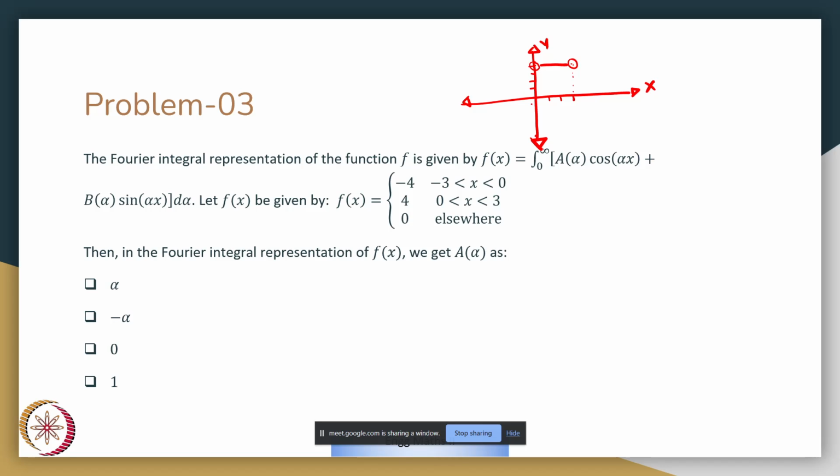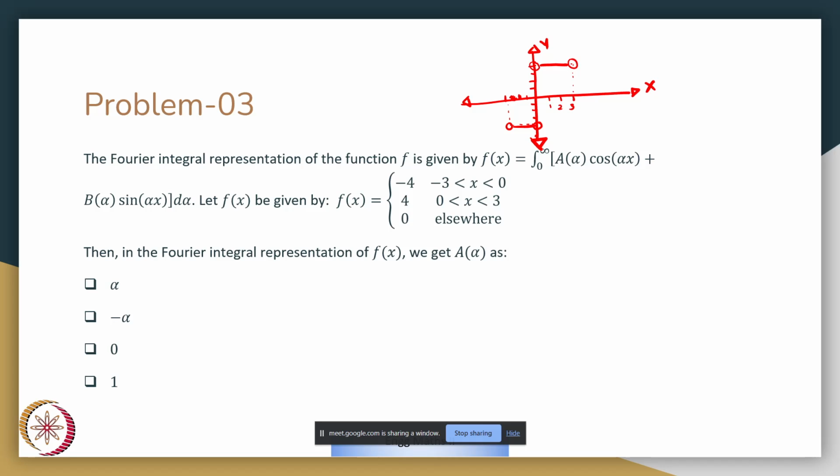And another thing that it says is x belongs to minus 3 to 0. Then again, the endpoints are not included, so this should be minus 4.